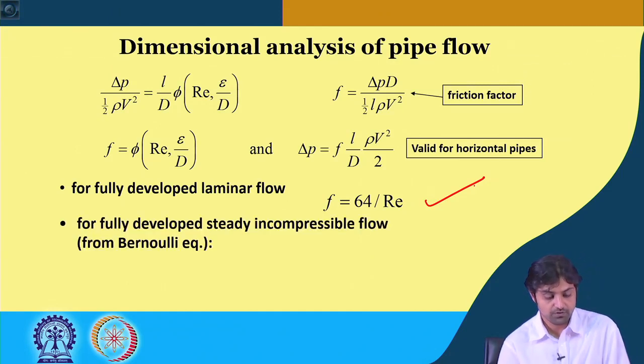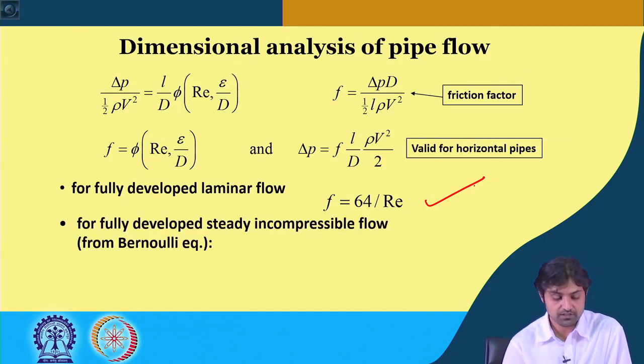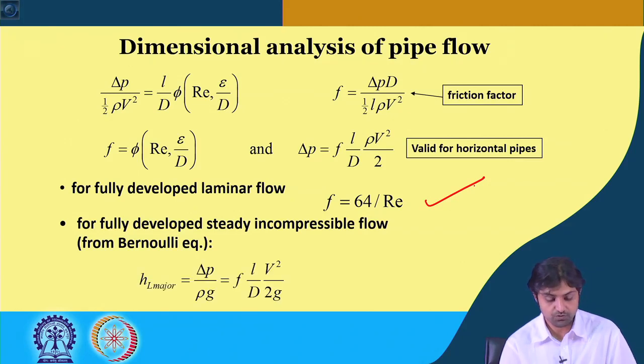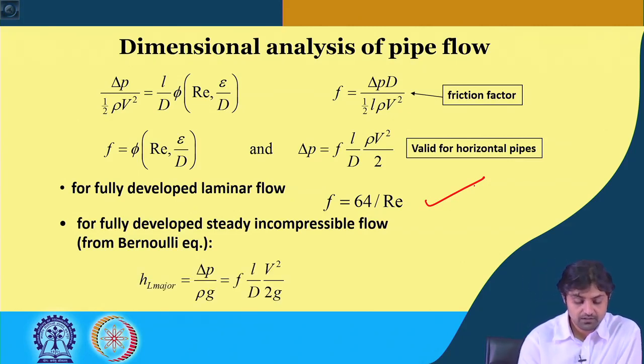But for fully developed steady incompressible flow, we also know that the head loss, if we assume delta P is the head loss, will transform into energy loss equivalent to rho g h. So HL major can be written as delta P by rho g.